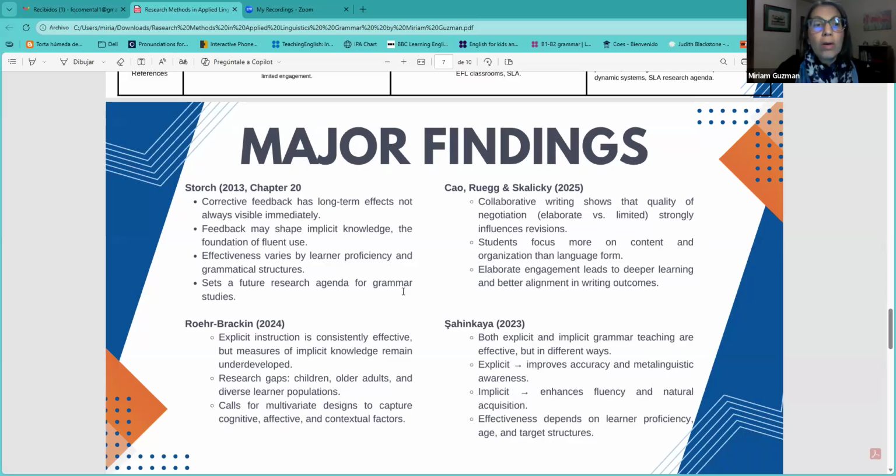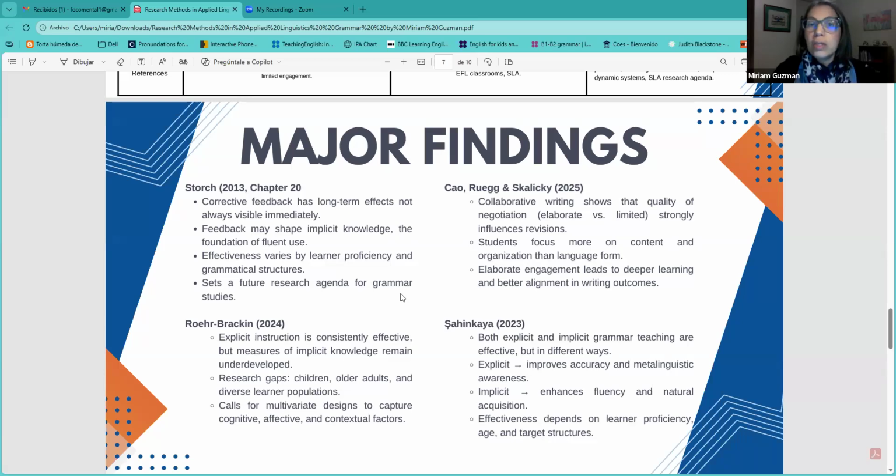In the research by Roy Brakin 2024, explicit instruction is consistently effective, but measures of implicit knowledge remain underdeveloped. Research gaps include children, older adults, and diverse learner populations. It calls for multivariate designs to capture cognitive, affective, and contextual factors.